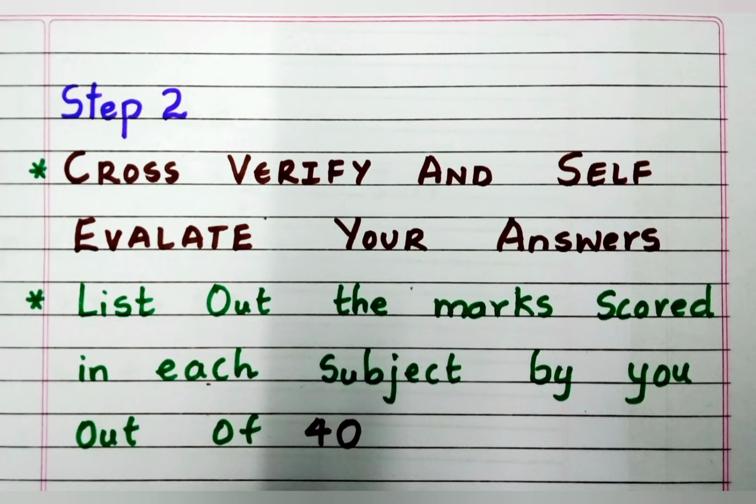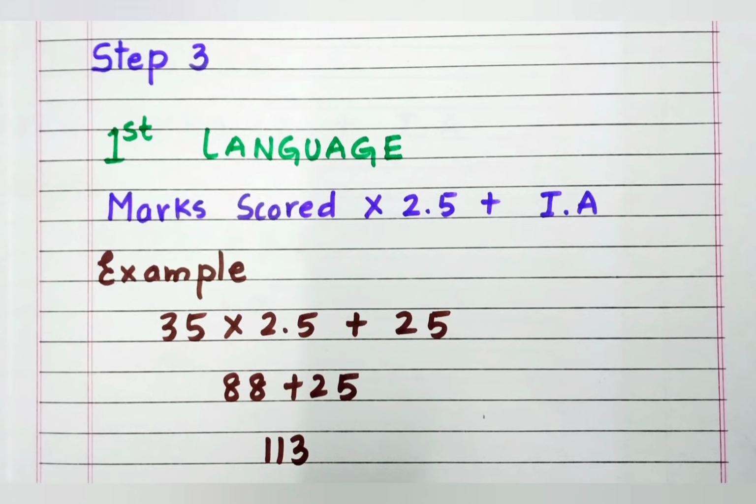KSEEB key answers. Now the step 3 is, for example, for first language, whatever the marks scored by you, multiply by 2.5 plus IA, meaning internal marks that will be given by your subject teacher.